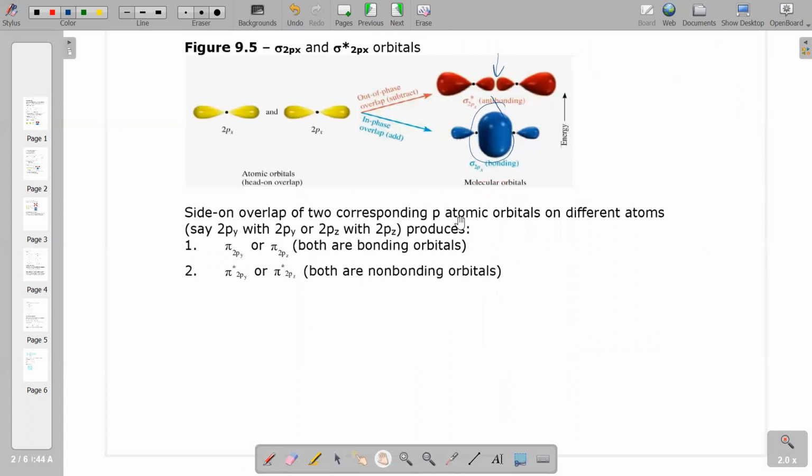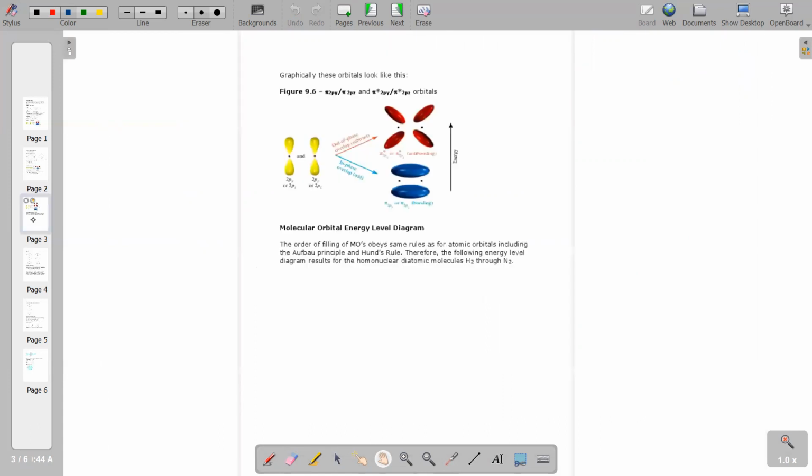The 2py and 2pz are side-to-side overlap, and so you have a pi 2py and a pi 2pz, but then you've got a pi star 2py and a pi star 2pz, which are your anti-bonding orbitals.